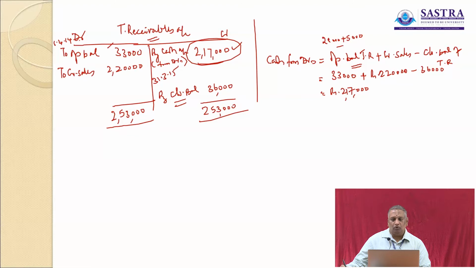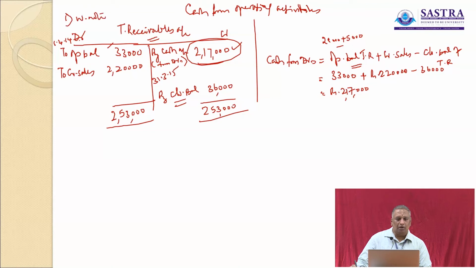So we managed to get one important piece of information for calculating cash from operations. What we are trying to calculate here is cash from operations or operating activities. So this is the first and foremost calculation. You can take this as working note number 1. Okay, we have calculated cash from debtors.